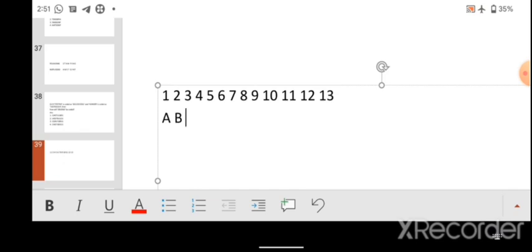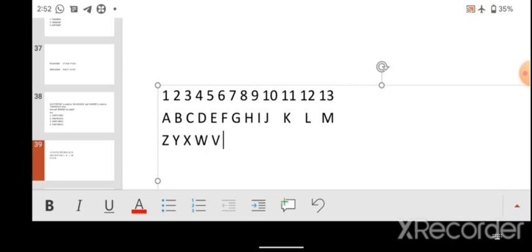Under that you can write A, B, C, D, E, F, G, H, I, J, K, L, and M. Then from here it will be Z, then Y, then X, then W, then V, then U, then T, then S, then R, Q, P, O, N.